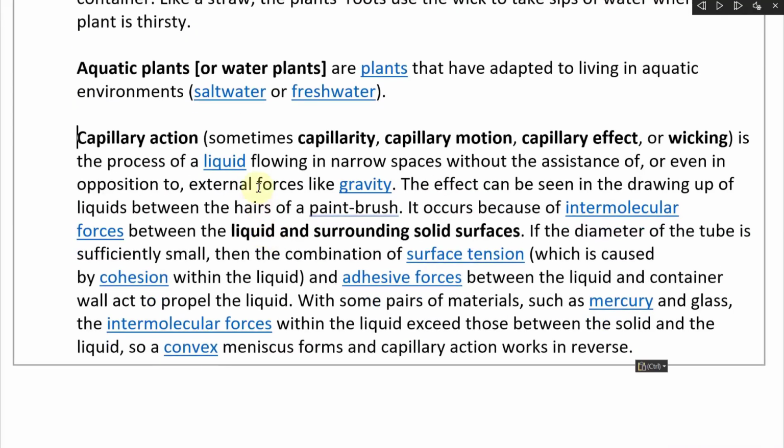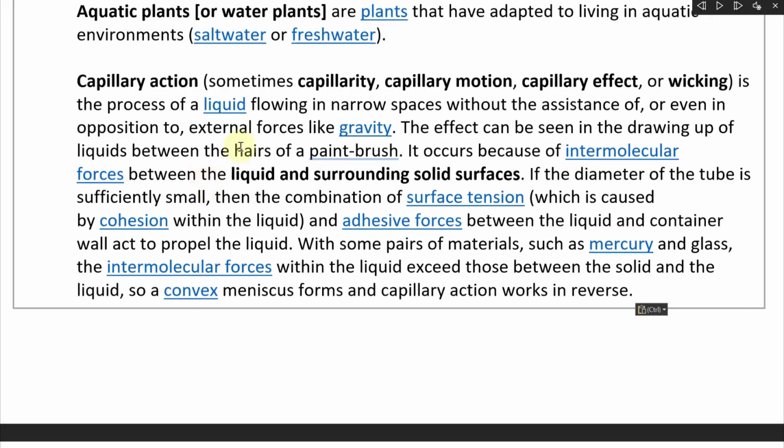Capillary action is the process of a liquid flowing in narrow spaces without the assistance of, or even in opposition to, external forces like gravity. The effect can be seen in the drawing up of liquids between the hairs of a paintbrush. It occurs because of intermolecular forces between the liquid and surrounding solid surfaces.